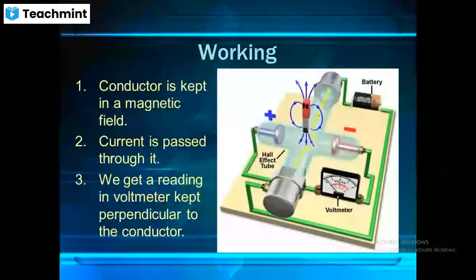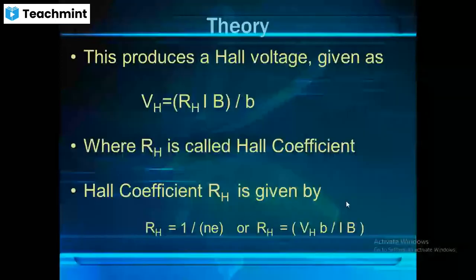The current is allowed in this direction, then we apply a magnetic field perpendicular to the direction of the current, and you can observe a Hall voltage in this direction. If you connect a voltmeter perpendicular to this current and the magnetic field, you will observe a voltage. That voltage is known as the Hall voltage, and the phenomenon is known as the Hall effect. This we have discussed in the last class.